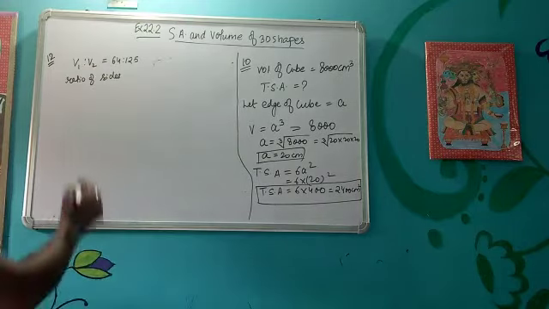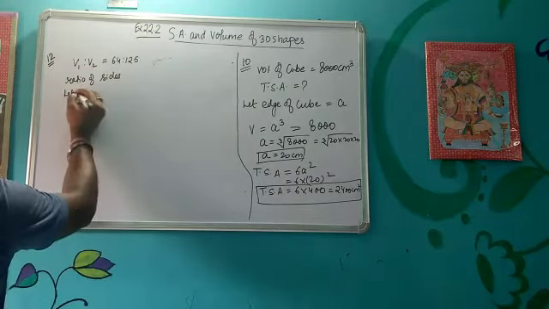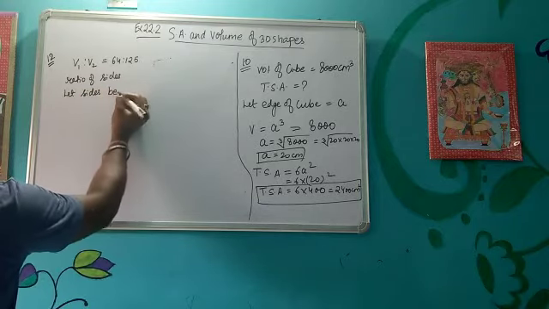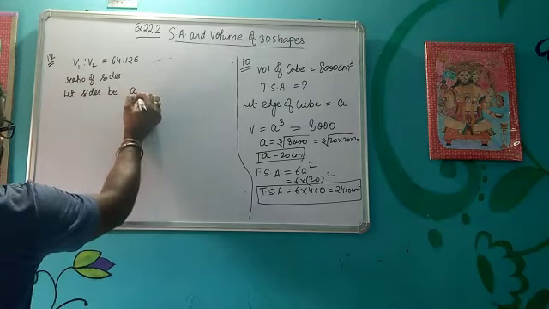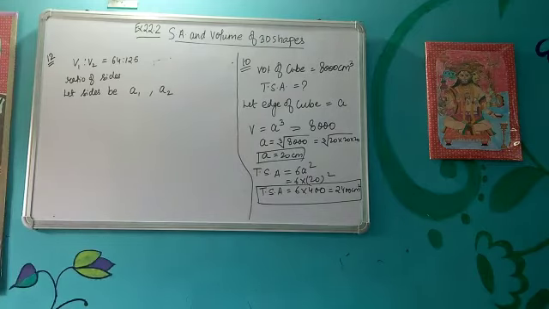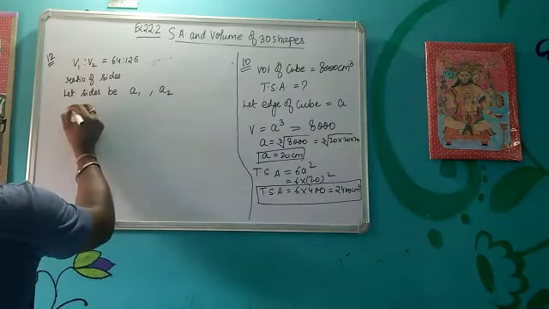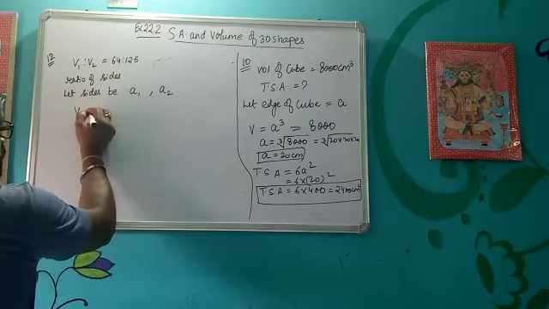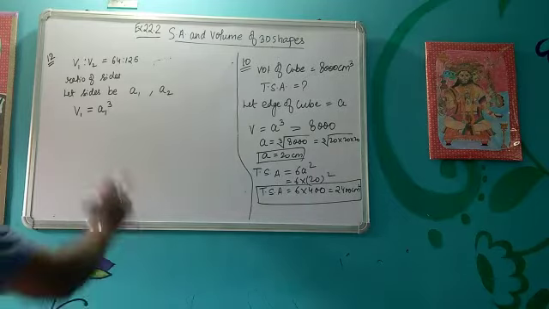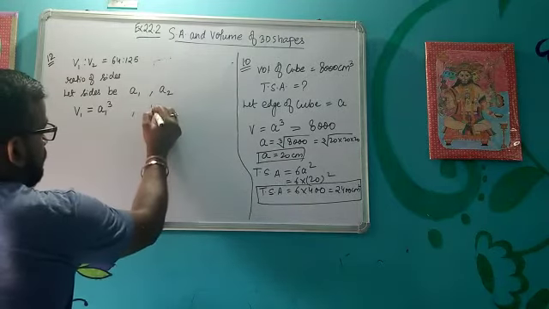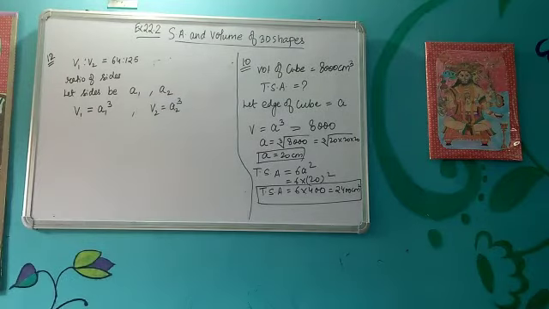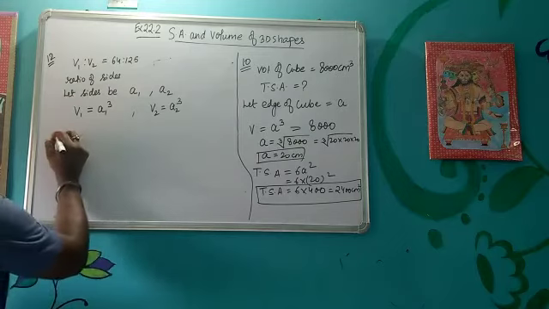So what we are going to do, let sides be A1 and A2. Okay, so what is V1? V1 is A1 cube, and V2 is A2 cube.